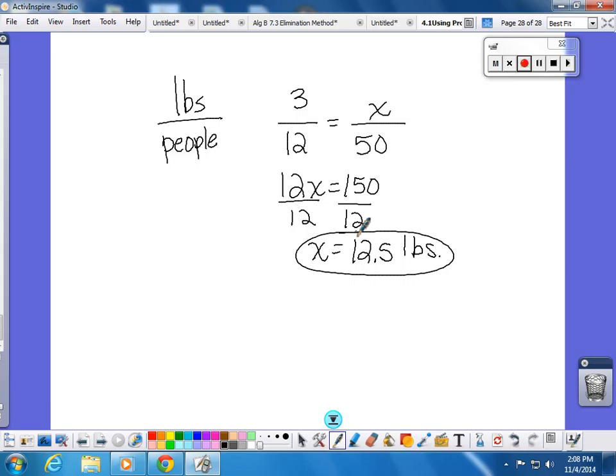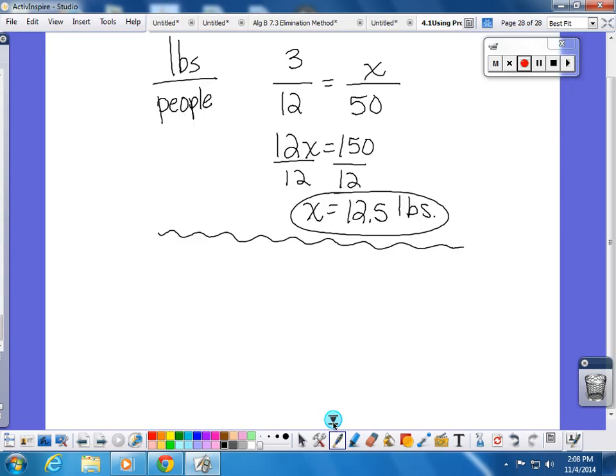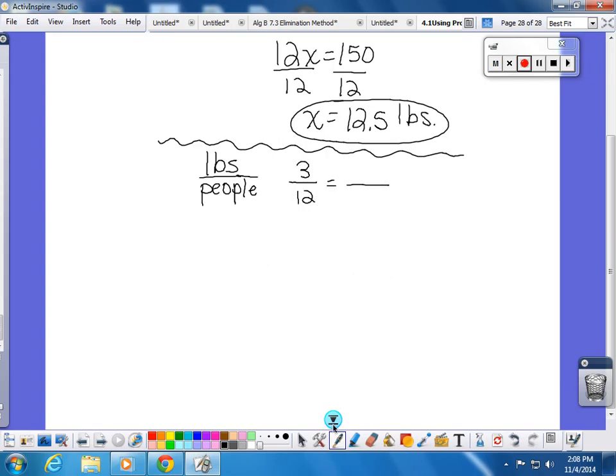See if y'all can do the B part. You're still pounds of ground beef per people. And the first sentence gives us the scale factor. Actually did this for homework. Good job. Overachiever.